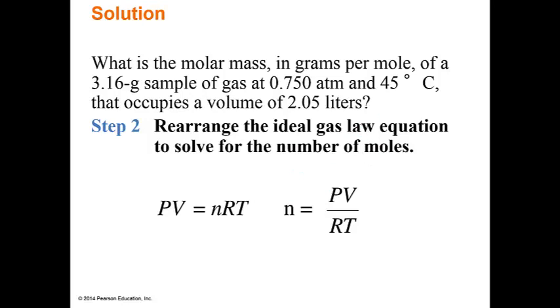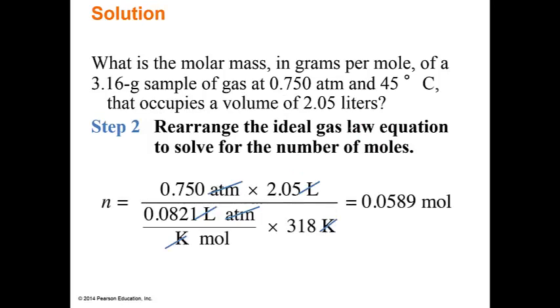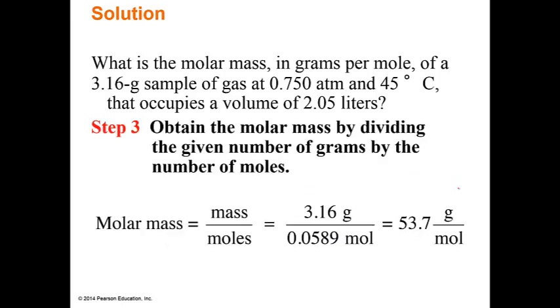So we say that 0.75 times 2.05 over 0.0821 times 318 is going to give us moles. We found our moles: 0.0589 moles. Well, we have a mass, right? At the top, it says, what is the molar mass in grams per mole of a 3.16 gram sample of gas at 0.75 atmospheres, 45 degrees C?